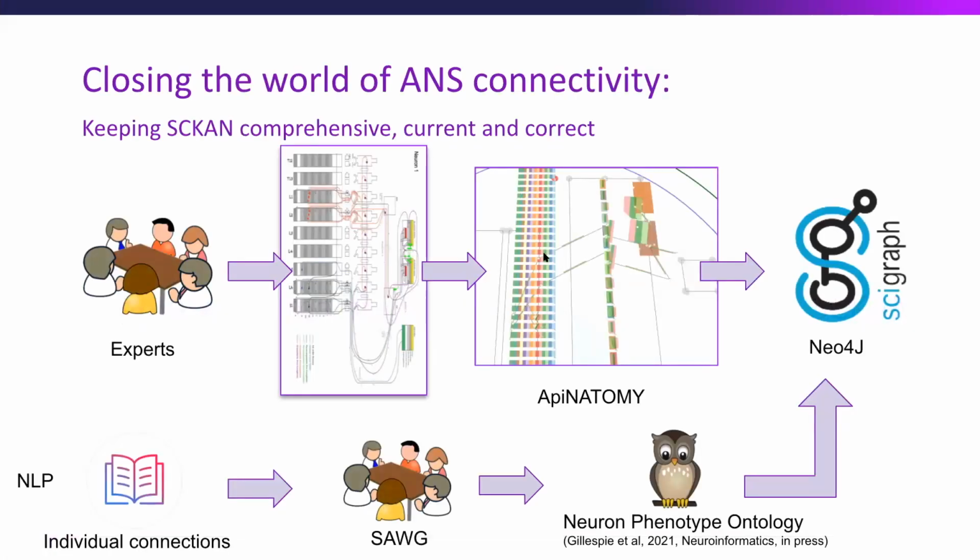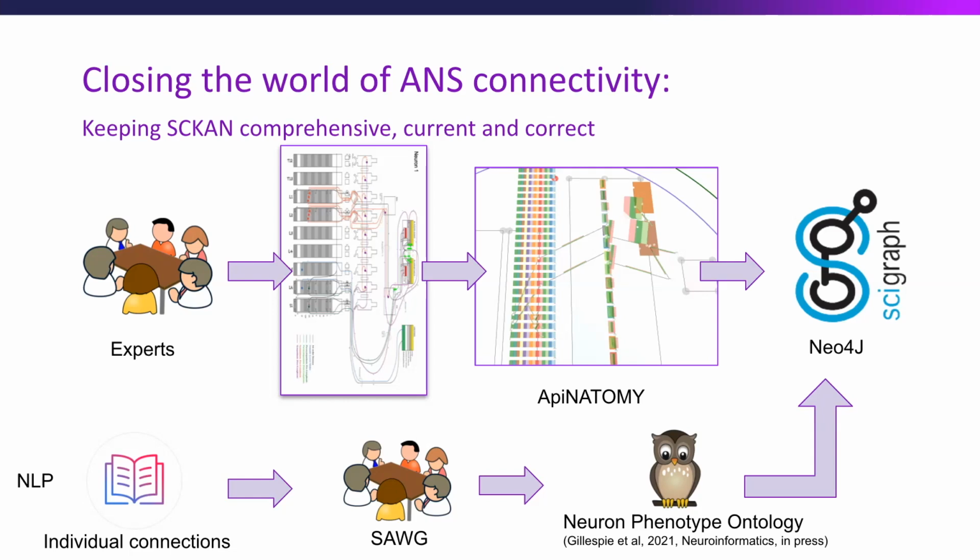Okay. So I mentioned already one route by which SCAN is being populated, and that is through the ApiNATOMY route, with these very, very detailed subway maps, as I call them, authored through ApiNATOMY and put into SciGraph. But we've recently implemented another route, which involves using natural language processing to digest the literature and look for connectivity statements, where we see evidence that a connection that is of relevance to the autonomic nervous system is being mentioned.